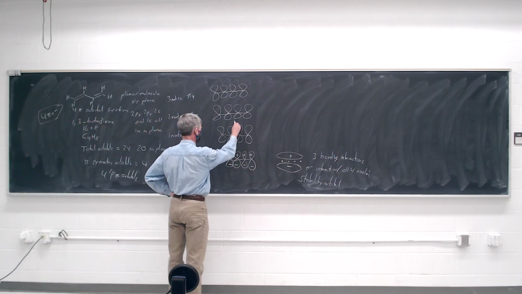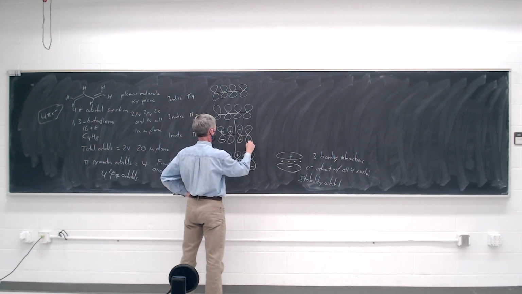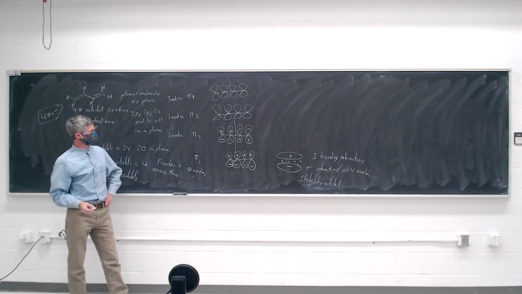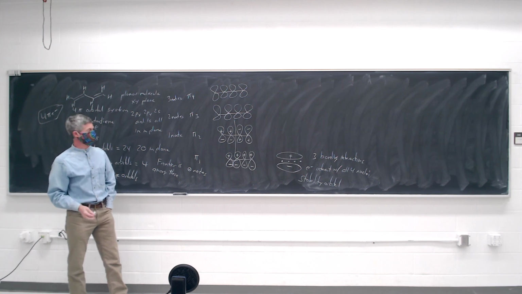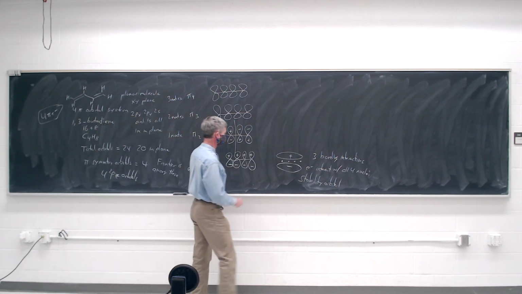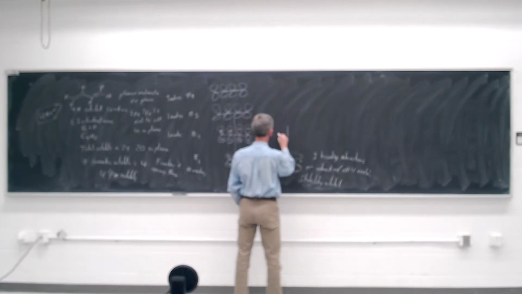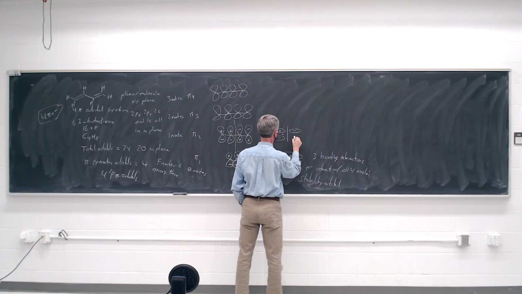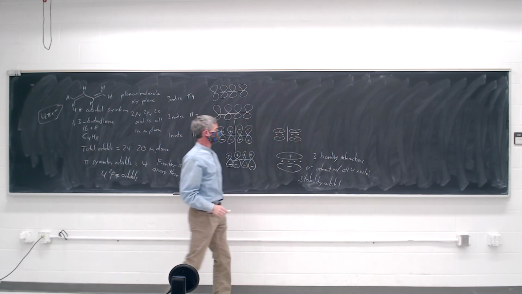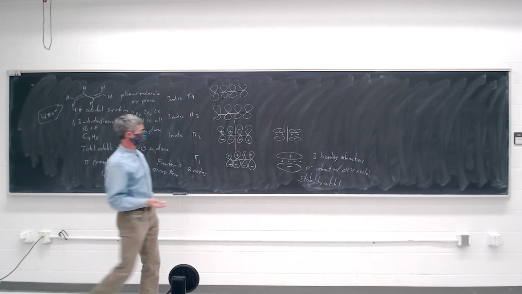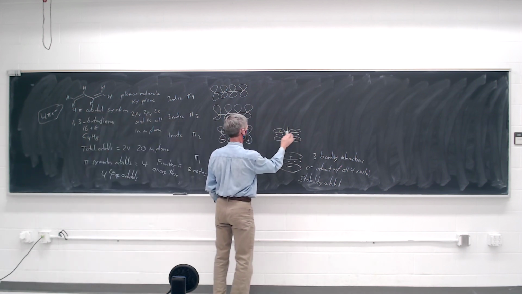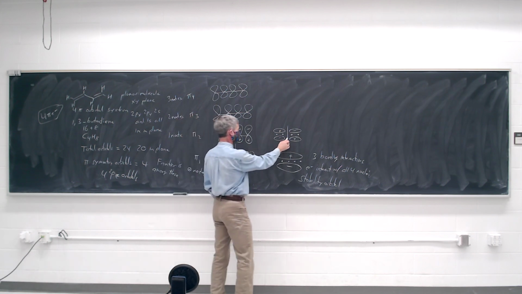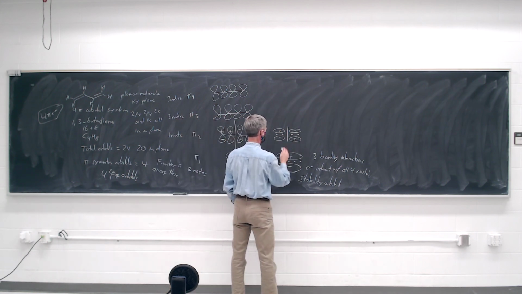One node is going to go right down the center of the molecule. So we'll have constructive interference on the left-hand side between carbon 1 and 2, and we'll have constructive interference between carbon 3 and 4, but we'll have a node down the center of the molecule. Which means that they can be bonding with respect to the 2 pairs of carbons, but they're anti-bonding with respect to carbon 2 and carbon 3.